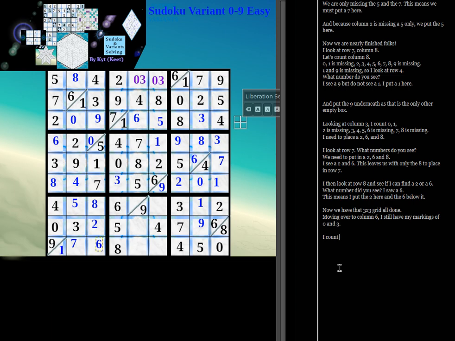I count column 6 and find that I need, let's put this in, 0 missing, 1, 2, 3 missing, 4, 5, 6, 7 missing, 8, 9. 0, 3, 7 is missing.